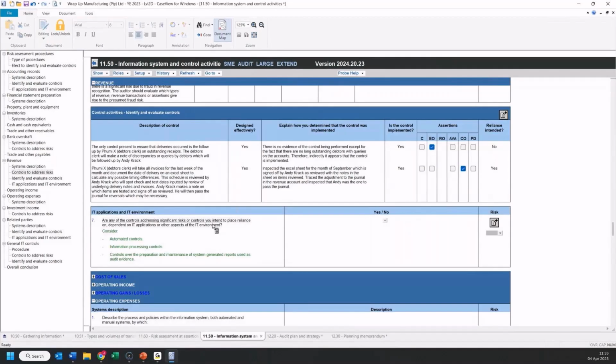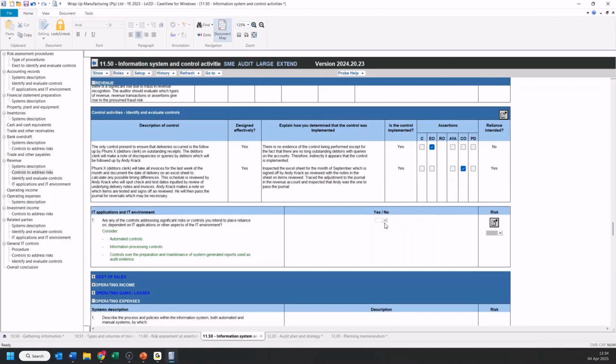What I will then also see is a question asking whether any of these controls that address the significant risks, or the controls we want to rely on, are dependent on IT controls in the IT environment. And this is basically saying, are there any general IT controls that you may need to go and consider? Now, in our case, these 2 examples are very manually orientated. Yes, there's an Excel sheet, but there aren't any IT applications that are really dependent on controls and things like that.